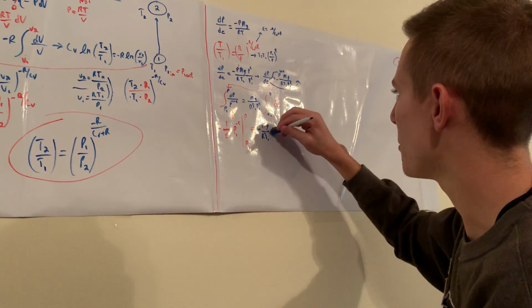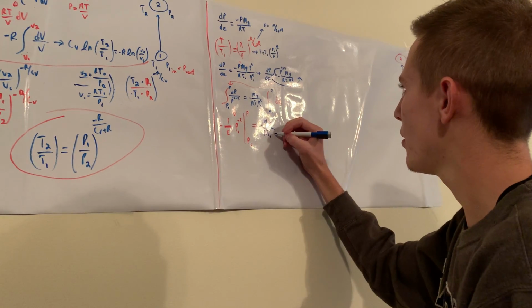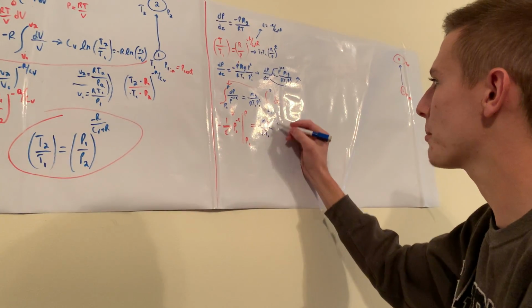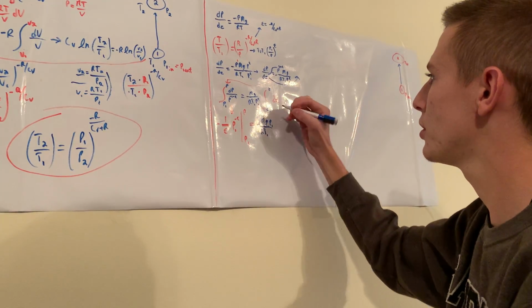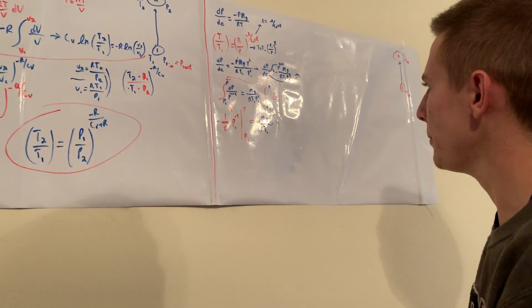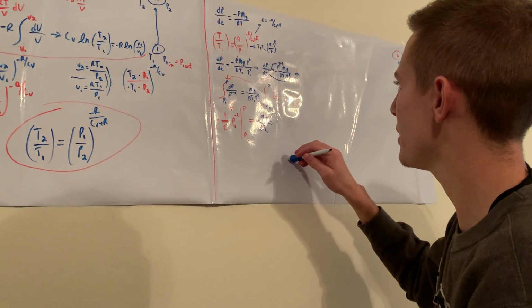And we can actually bring this up and make it easier on ourselves for later. If we have the pressure initial to the epsilon power on the bottom, we can bring it to the top and say pressure initial to the negative epsilon power. And we can bring this up to the front to make it easier on ourselves as well.